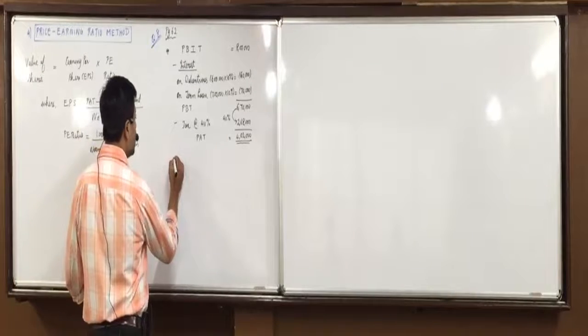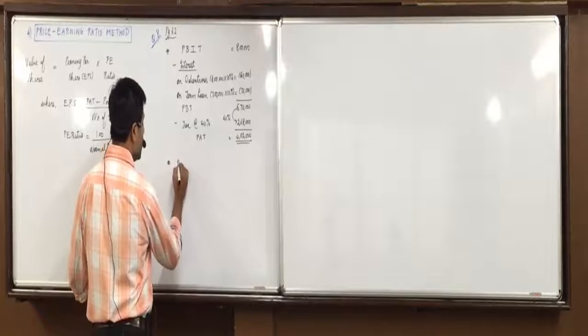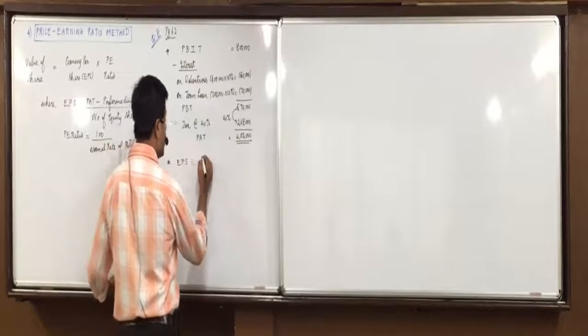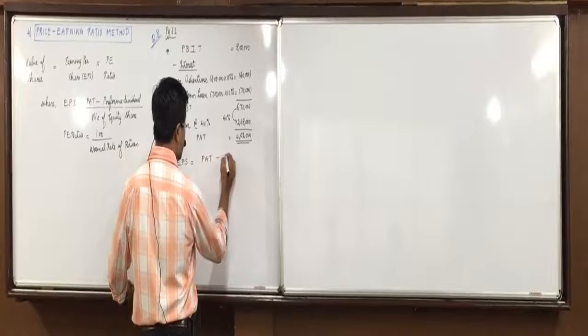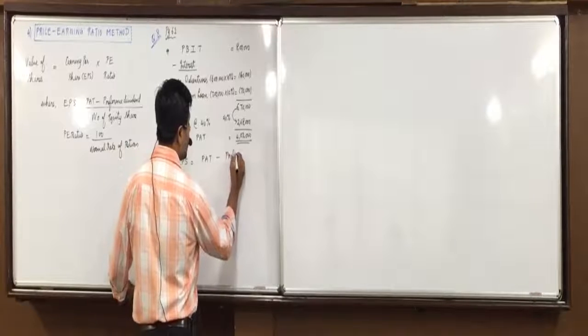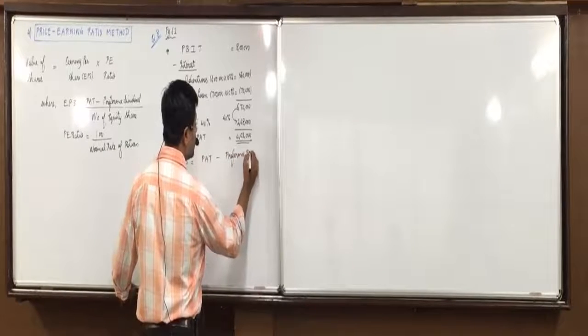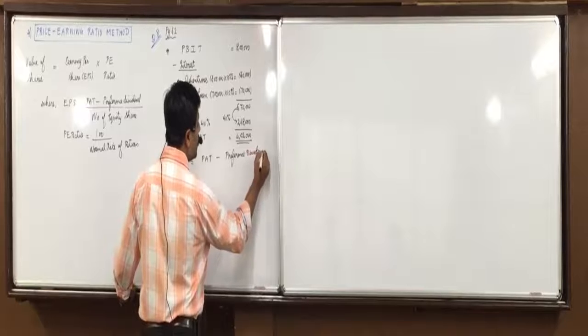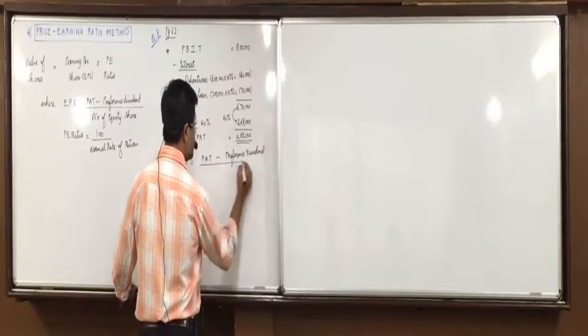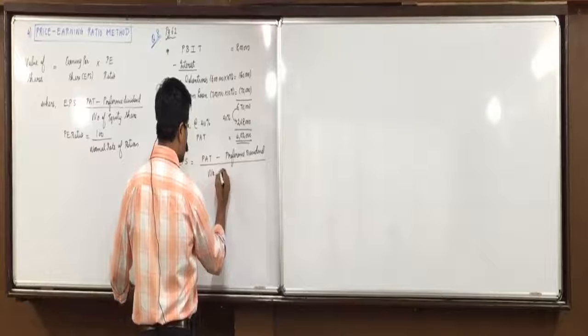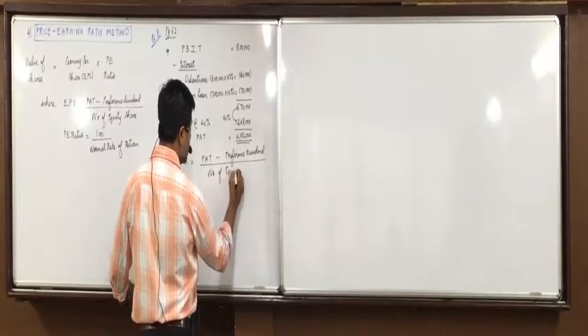So EPS, that is earning per share, is equal to profit after tax minus preference dividend, divided by number of equity shares.